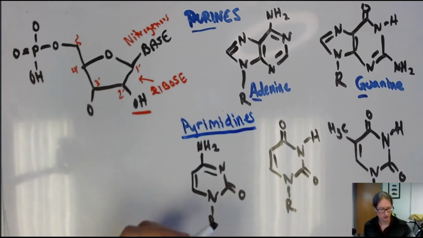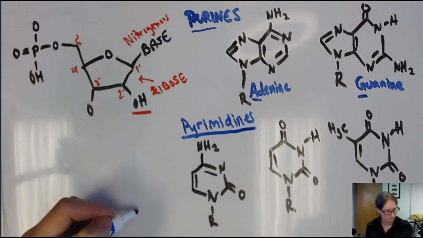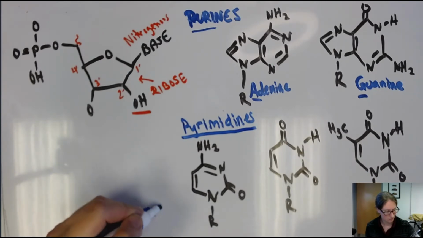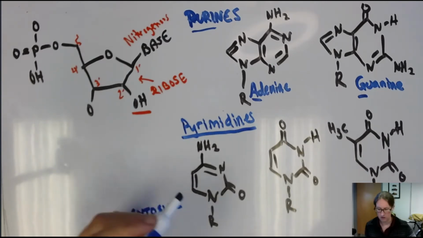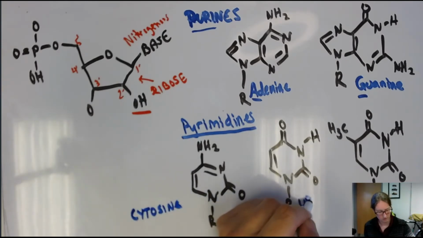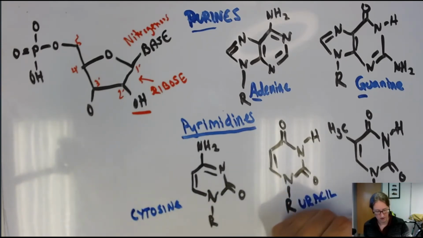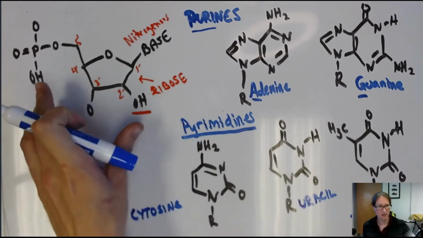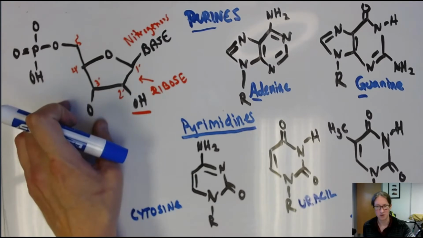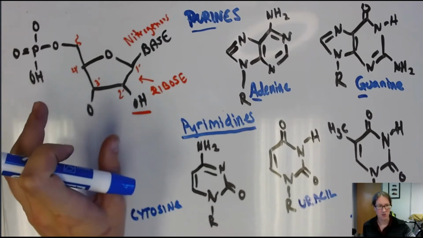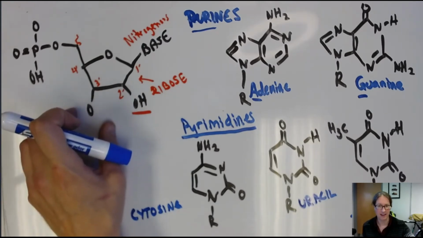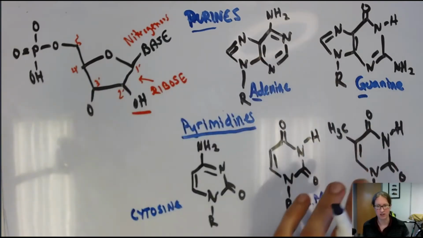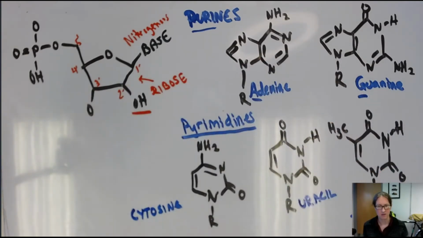Okay, and these are named cytosine, uracil, and thymine. So, given a nucleic acid or a nucleotide, a given nucleic acid can have any one of these nitrogenous bases attached to it.